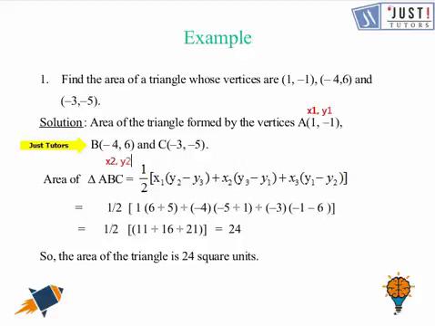Similarly, minus 3 comma minus 5 will be x3 comma y3 here. If you calculate by putting all the values in the equation, you'll get the answer as 24 square units. Make sure that when you're writing the area, the units are squared.